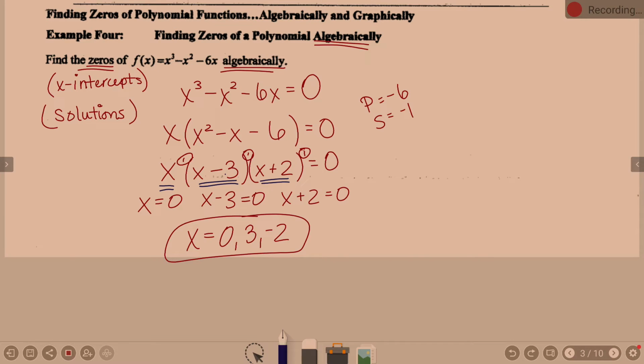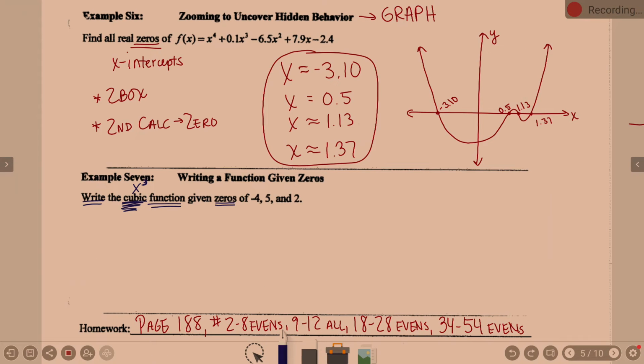When I had a zero of 3, it came from the factor of x minus 3. Does that make sense? Okay, so back up to the current problem. A zero of -4 would look like what as a factor? x plus 4. A zero of 5 looks like what as a factor? x minus 5.